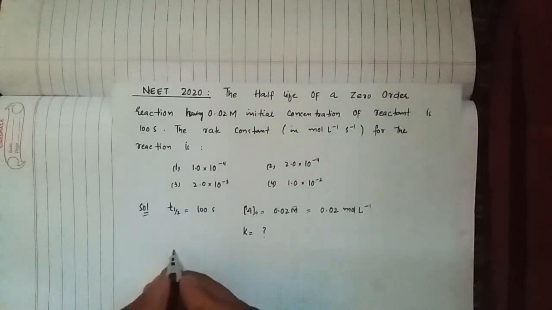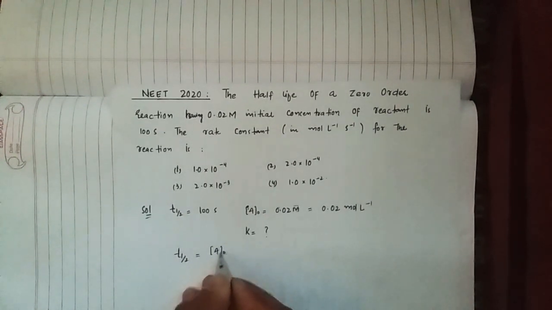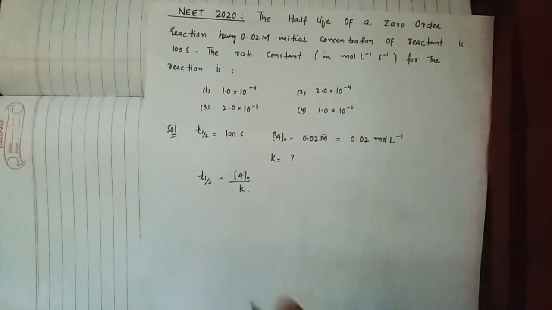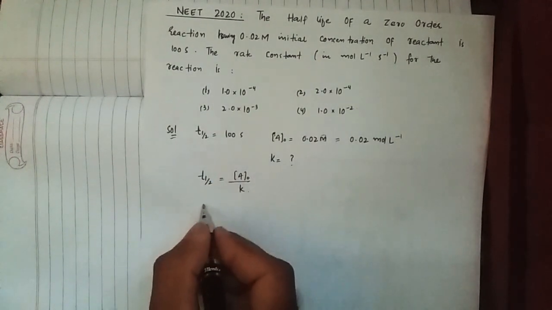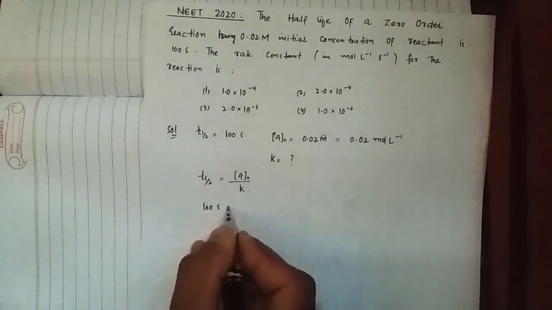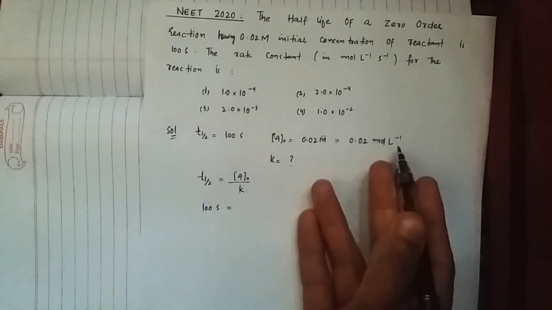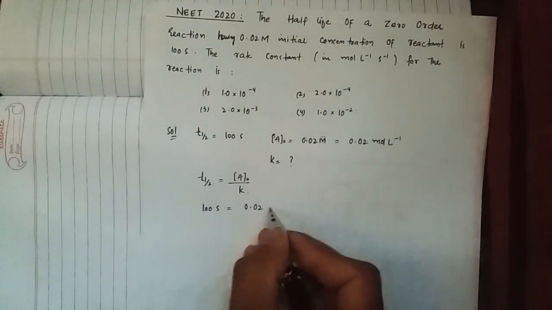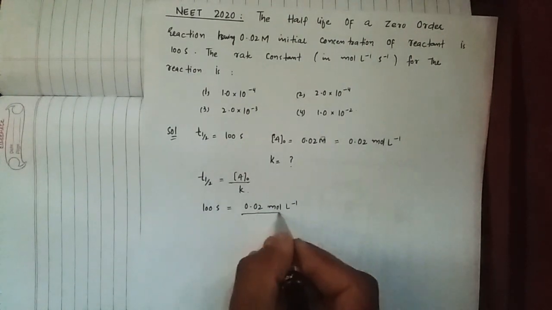So we will use the formula of half life of the zero order reaction, that is T half is equal to A0 divided by 2K. Now substitute the values. T half is 100 seconds equal to A naught, 0.02 moles per liter, divided by 2K.